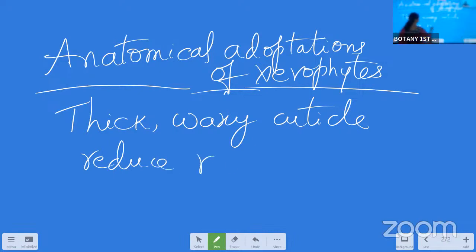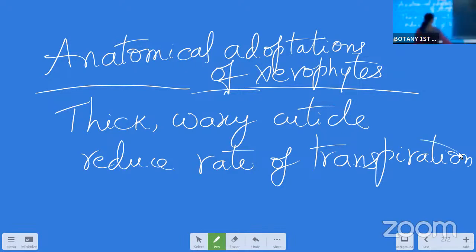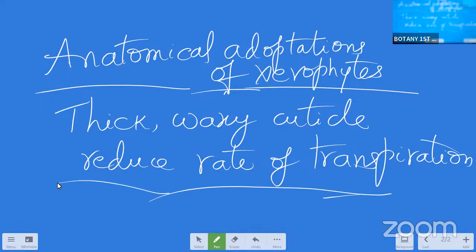This phrase has to be present in the xerophytes. Without this, we cannot say whatever you have written is the correct one.